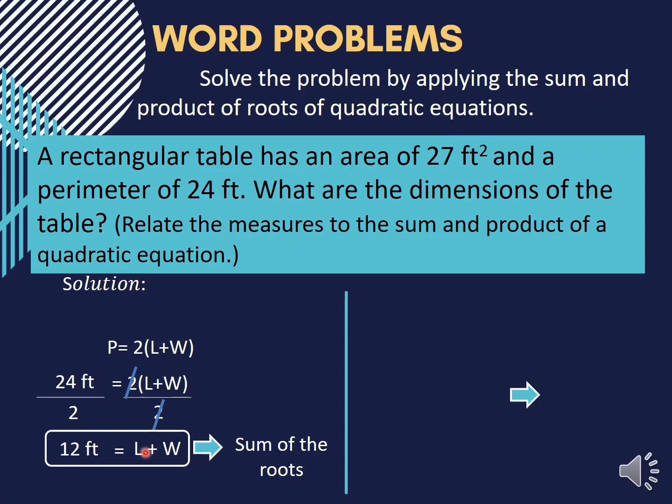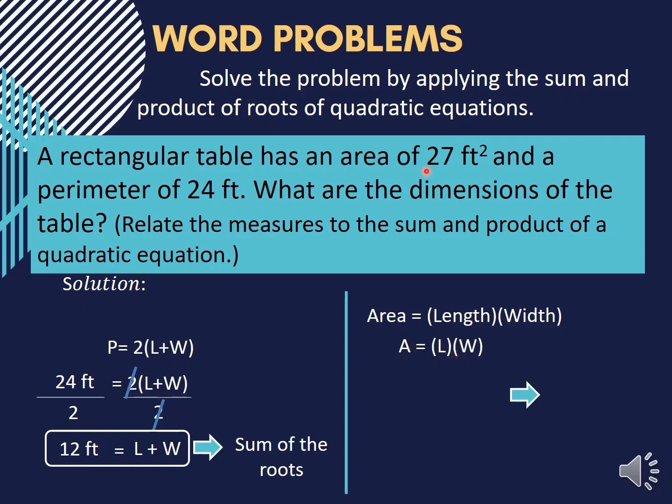Okay? Now, if we already have the sum of the roots, let's proceed with the product. We know that the area of a rectangle is equal to, very good, length times width. The formula is A is equal to length times width. So, if length and width are the roots, we can already see that this is the product of the roots.